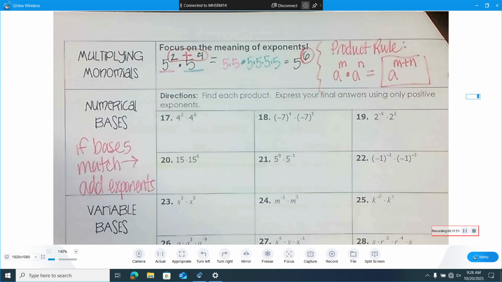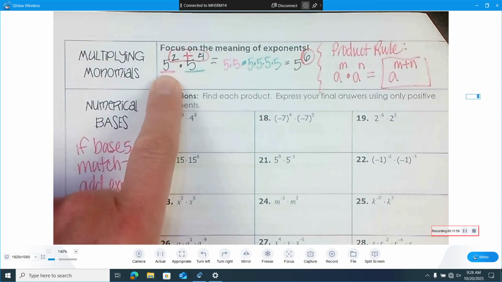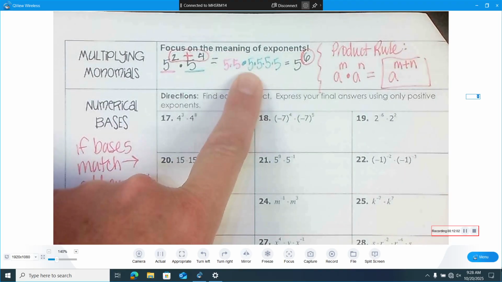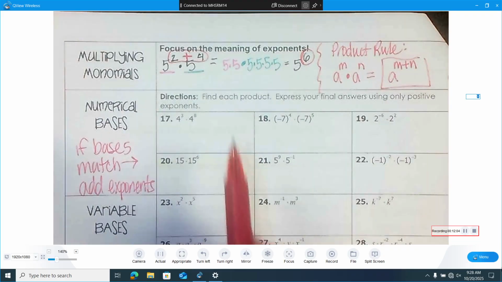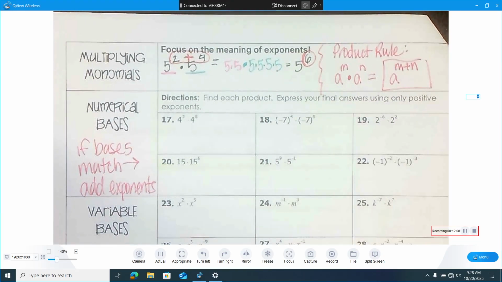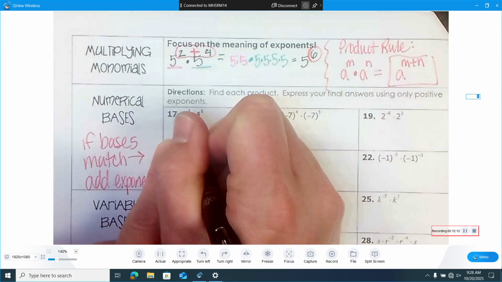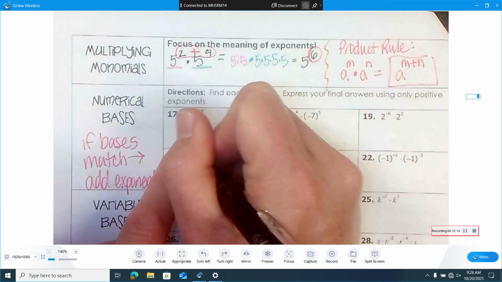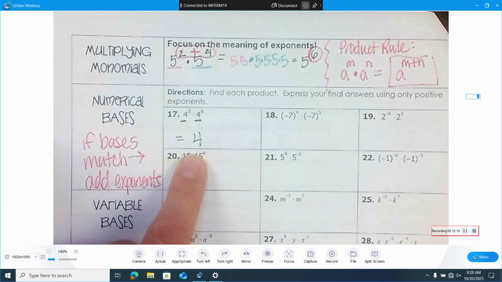Okay? Do we change the base number? Did I change the 5? No. The 5 stays exactly the same. So we want to find each product and express the final answer using only positive exponents. All right, do our bases match? Yes, they do. So the base stays the same, and what do we do to our exponents?